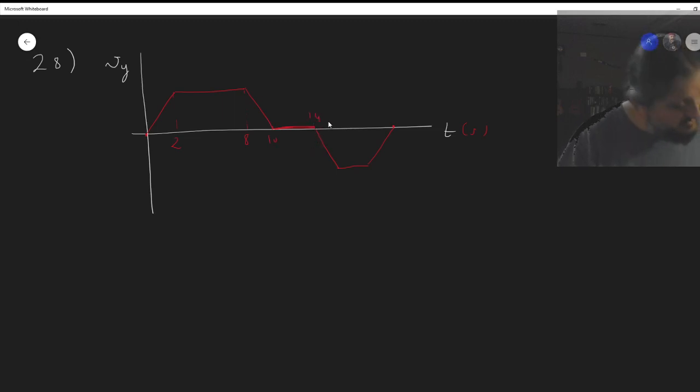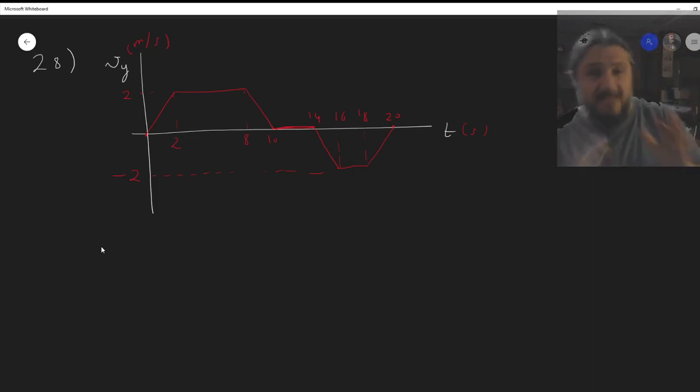All right. 16, 18, 20. All right, and this is 2 meters per second. And this is -2 meters per second.